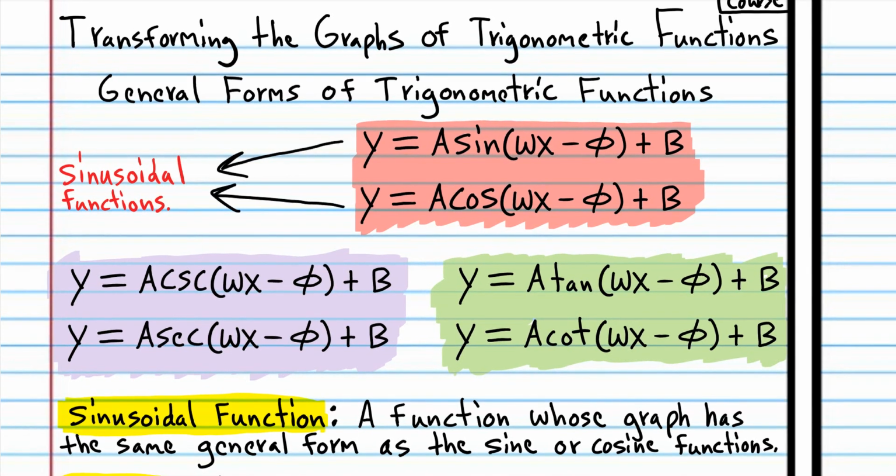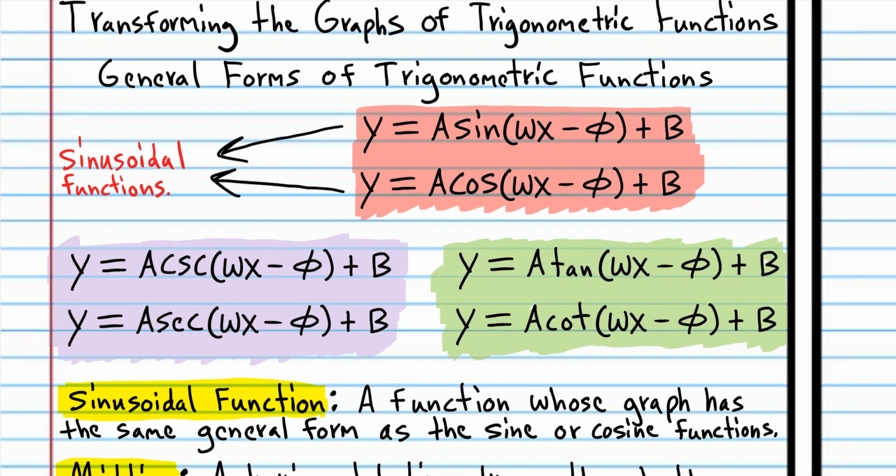What you can do is actually modify the graphs. We can transform the basic graphs as we did in my intermediate algebra course. This is really just review of what we did in my intermediate algebra course when we took basic graphs and transformed them.